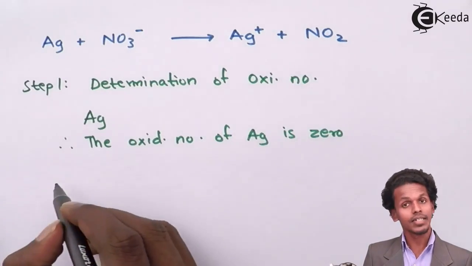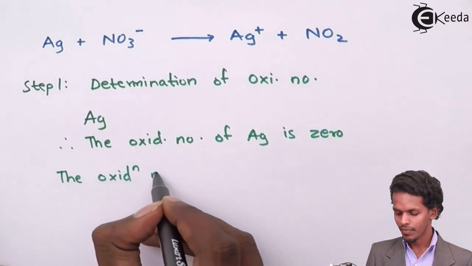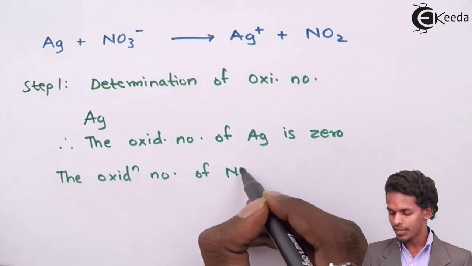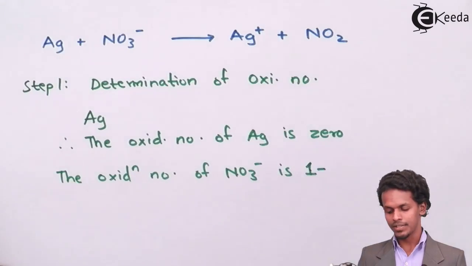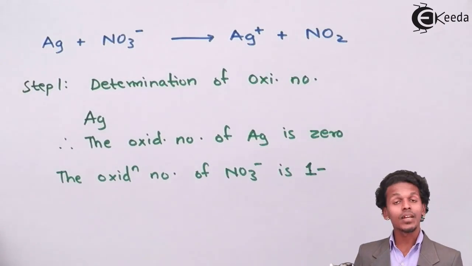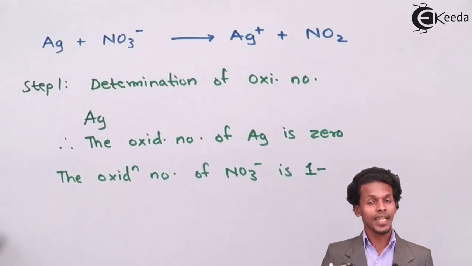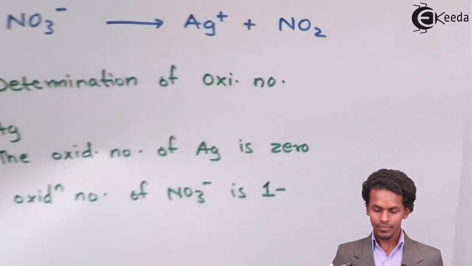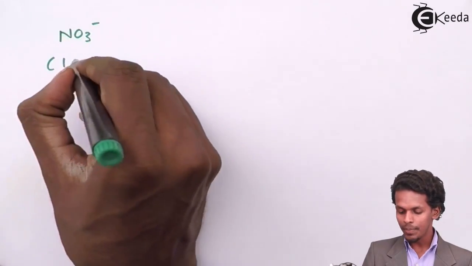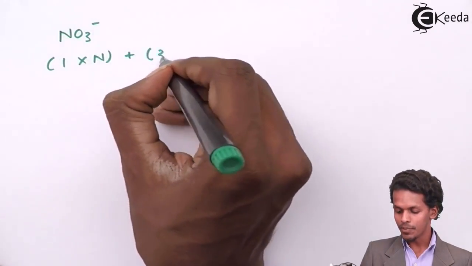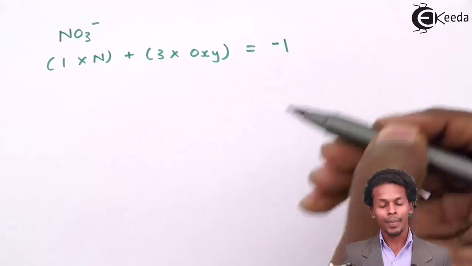For that, I can write the oxidation number of NO3 minus is -1. Now we are going to determine the oxidation number of nitrogen in NO3 minus. For NO3 minus, I could write 1 times nitrogen plus 3 times oxygen, which has an overall charge of 1 minus, or -1.